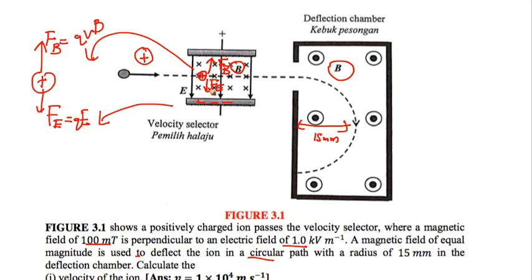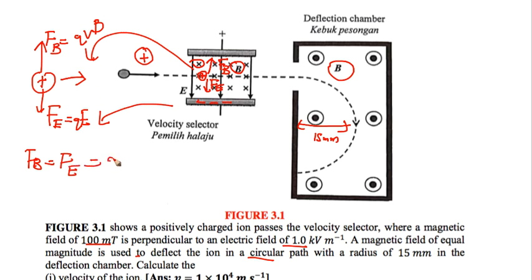The direction of Fe is downward, because this is the positive and this is the negative plate, and the Fb is upward, because if you use the right hand, the direction of the B is into the page and the direction of the V is to the right, so the force is upward. But the velocity of the particle is constant, meaning the upward force is equal to the downward force. FB is equal to FE.